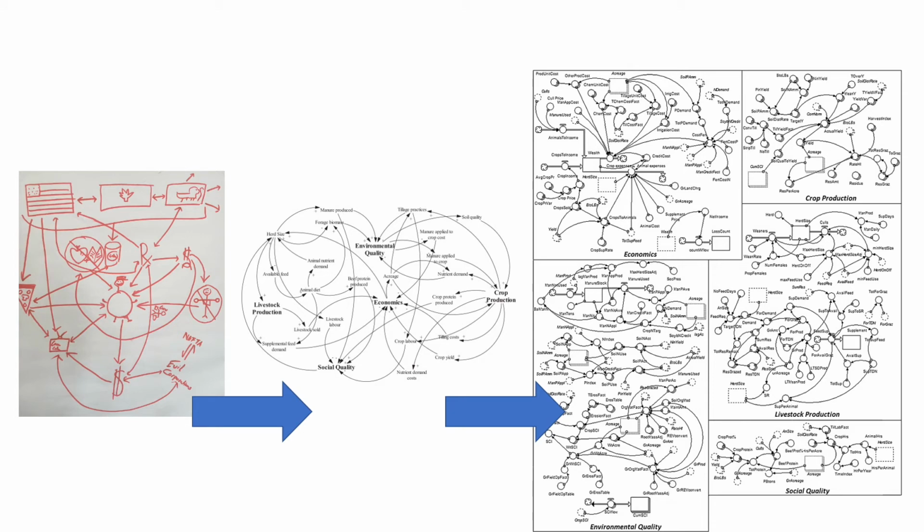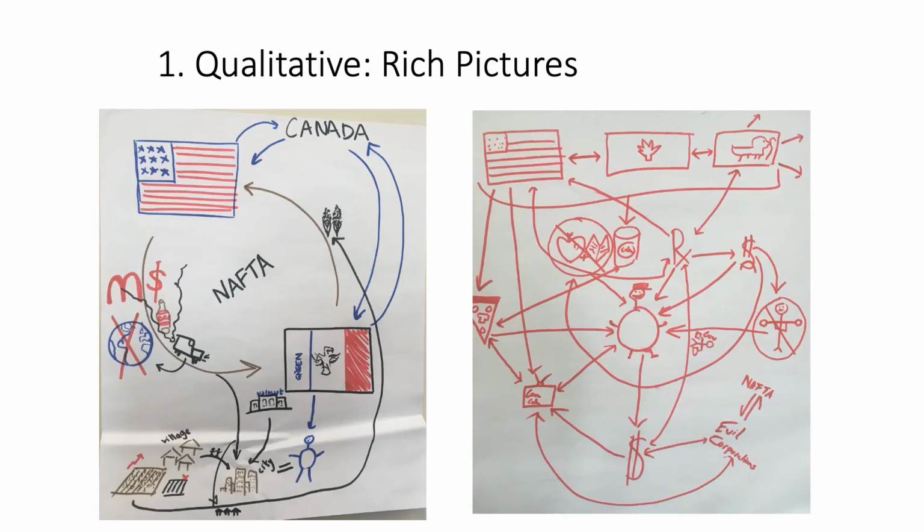Here we can see on the left-hand side the qualitative rich pictures model informing the semi-quantitative causal loop diagram, which then helps inform the fully quantitative model, system dynamic model. Here we can see the qualitative rich pictures model helps us understand and visualize the problem and the various components we believe to be informing the problem or the phenomena that we want to be exploring.